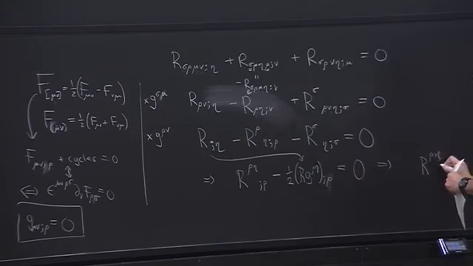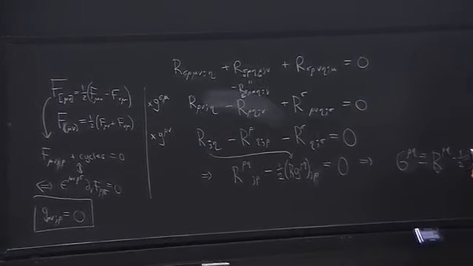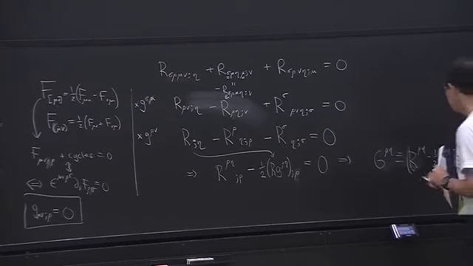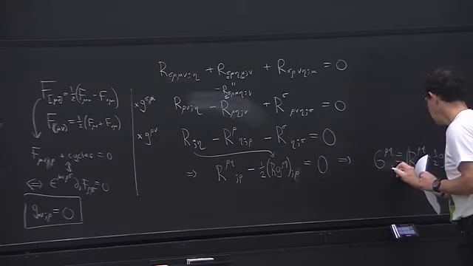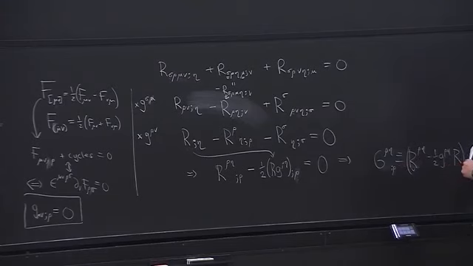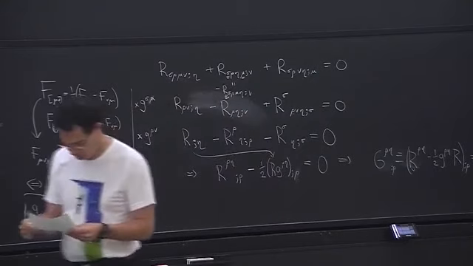That's R rho eta minus 1/2 g. That's the Einstein tensor, G rho eta, which is defined to be R rho eta minus 1/2 g rho eta R, semicolon rho, equals 0. So that's what we wanted.